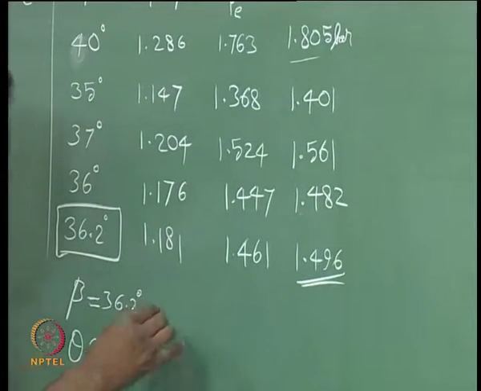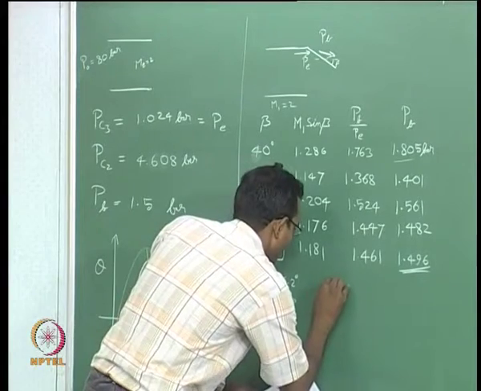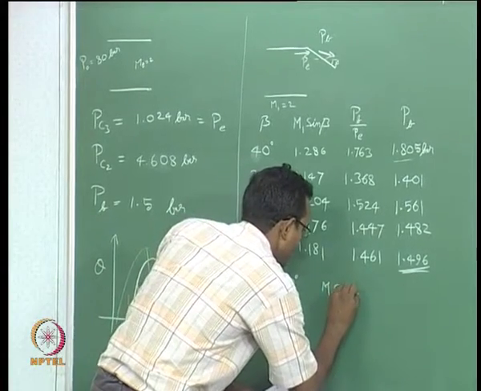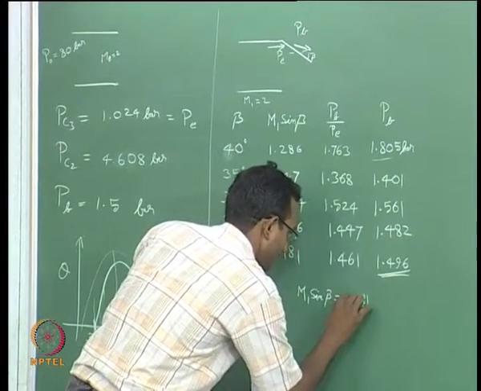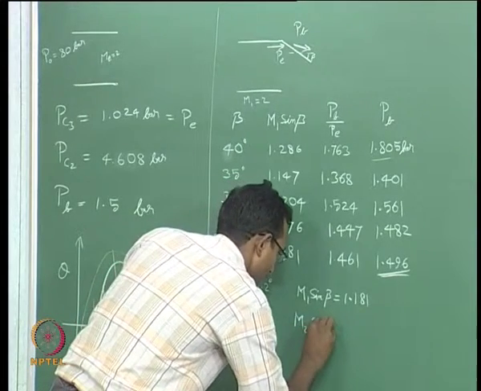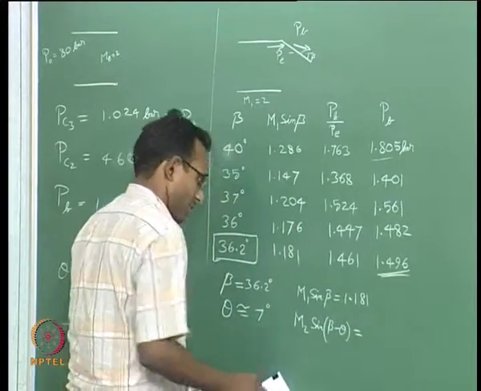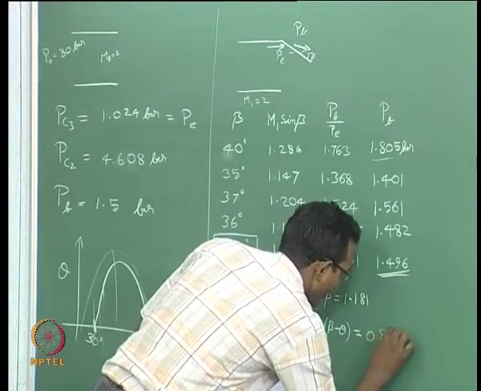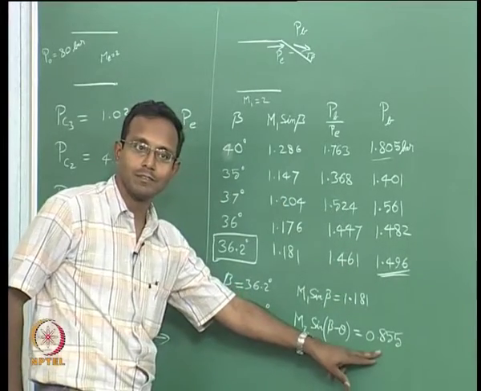I will go through that full oblique shock calculation for beta equal to this value and M1 equal to 2. So, my M1 sin beta is 1.181, M2 sin(beta minus theta) is 0.855. How did I get this number 0.855?